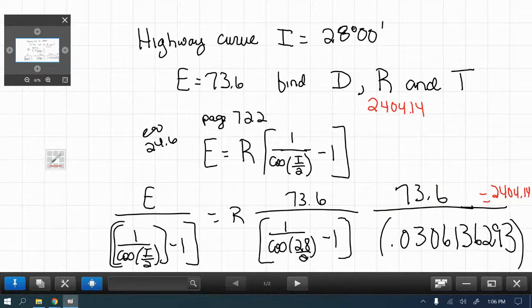Let me double check again. You got 2404.157. Yeah, that's what I got. That'd be 1/6. Just depends on how you carry the number out.